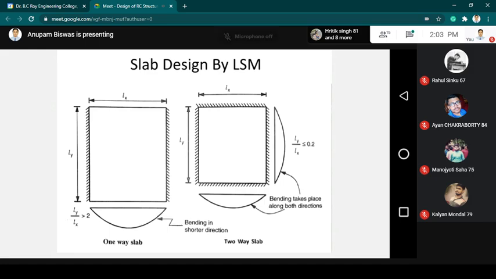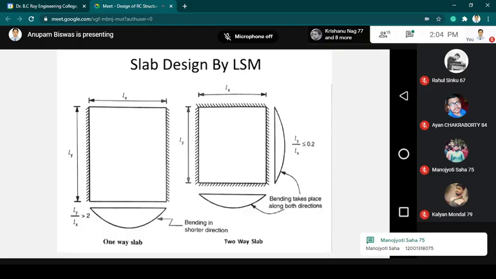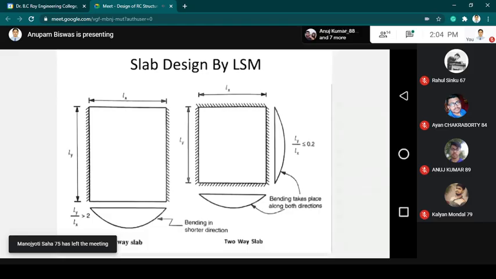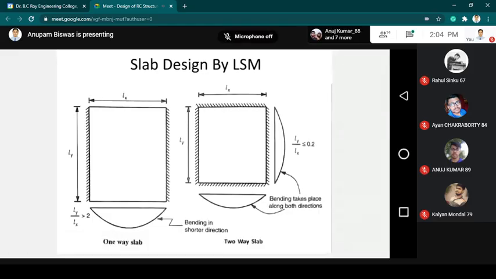But in the second case, for the two-way slab, the condition is that the ratio of Ly by Lx should be less than or equal to 2, where the bending takes place along both directions.